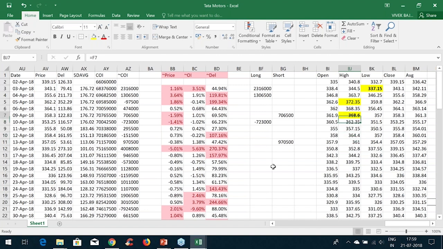So this 365 odd zone becomes a very important resistance zone for the stock, and the price fell by almost 5% with a significant increase in open interest. That means this stock is in total control of bears in the market.